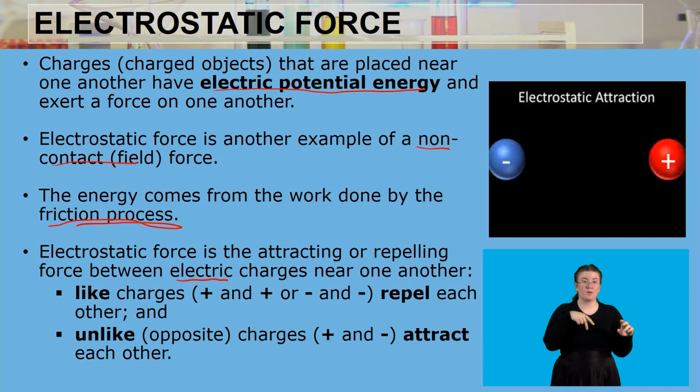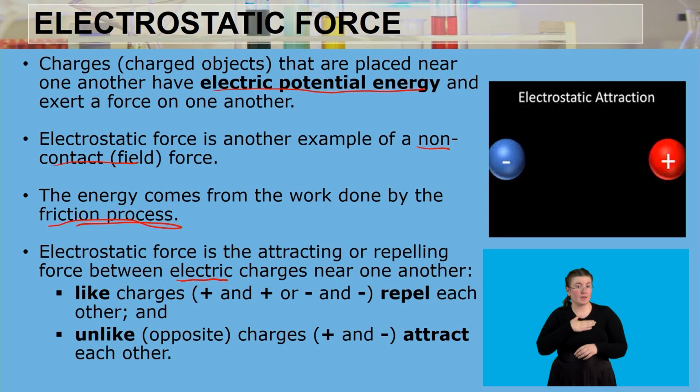That means when we have a proton and a proton, so they have like charges, or an atom that has more protons and another atom that also has more protons, those two atoms are positively charged because both of them have more protons than electrons. Those two atoms are going to have like charges, and we know that like charges repel each other.